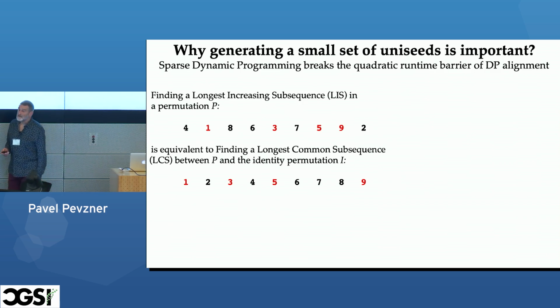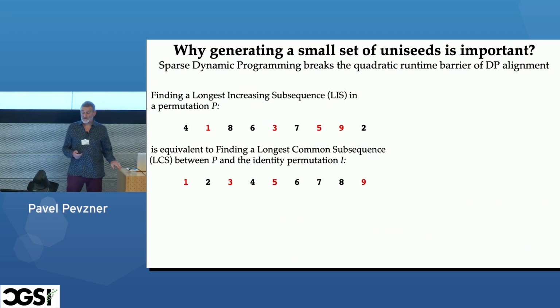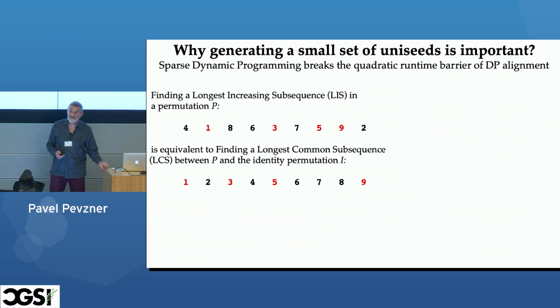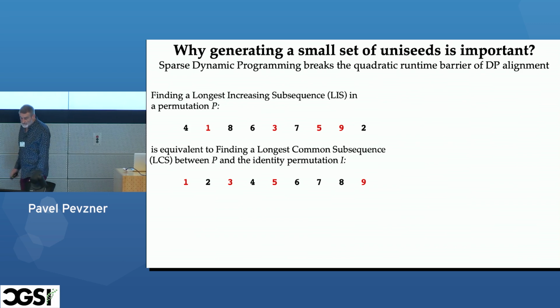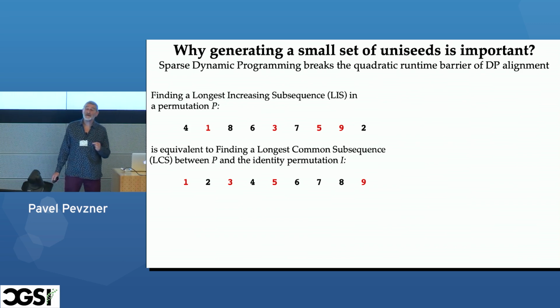And now, finally, an answer to the question, why do we want to generate a small set of uniseeds? Because we will be using sparse dynamic programming, which breaks the quadratic barrier of standard dynamic programming.